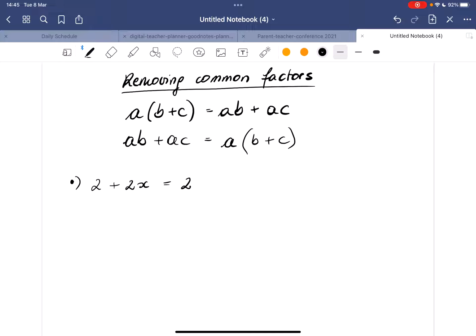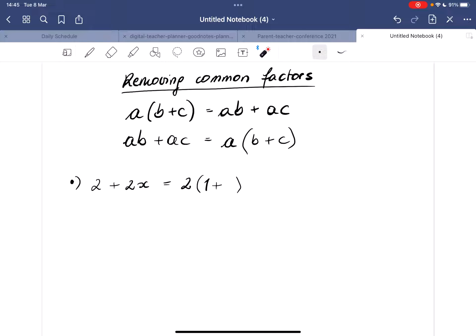This is my first factor. And I'm going to make a bracket here. And then I'm going to do the same thing as I did before. 2 times what do I need to put here in bracket to get 2? 2 times what gives me 2? 2 times 1. I need to add that plus here.